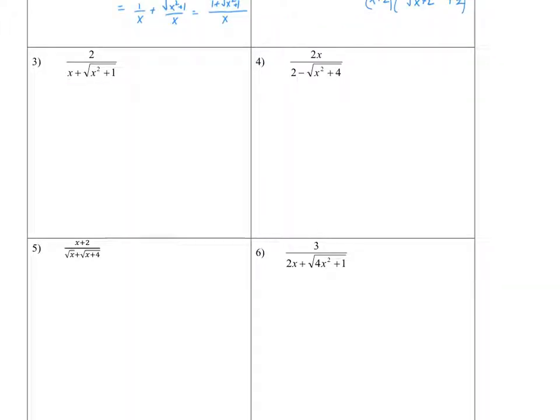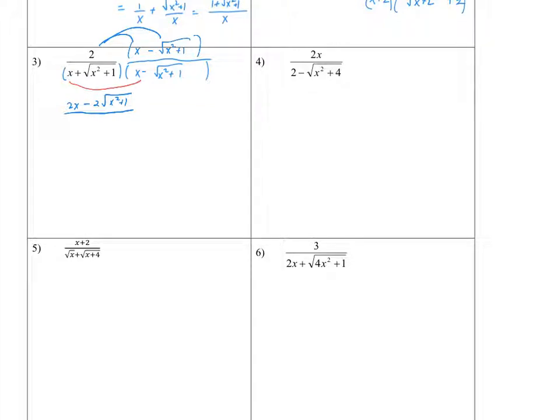Number 3, first we're going to multiply by the conjugate. In this case, we're going to multiply the numerator and the denominator by x minus the square root of x squared plus 1. In the numerator, we can distribute the 2. And in the denominator, we can use the first-last multiplication technique.